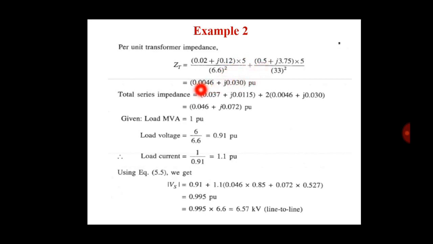So ZT is equal to 0.0046 plus J 0.030 per unit. That means the total series impedance.